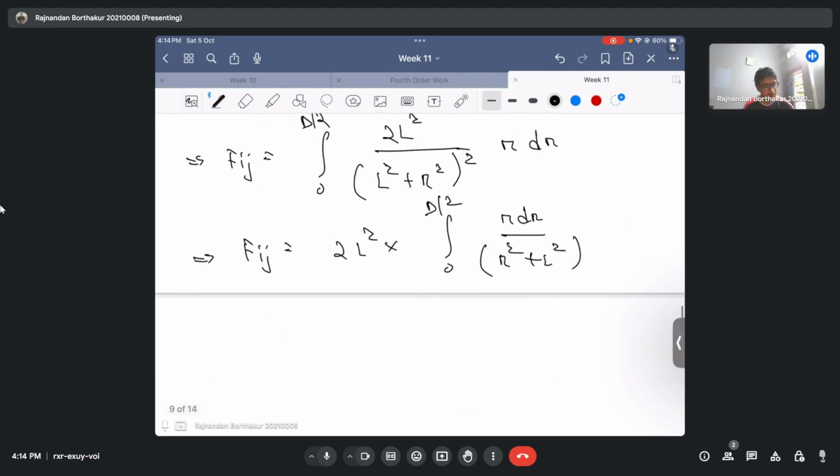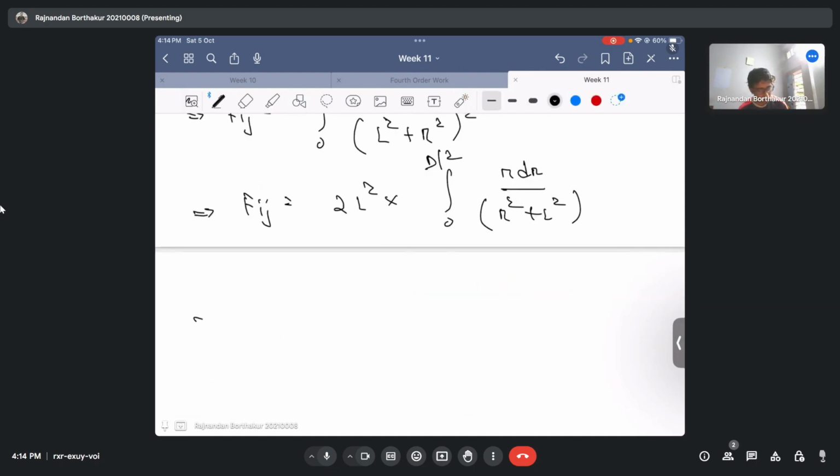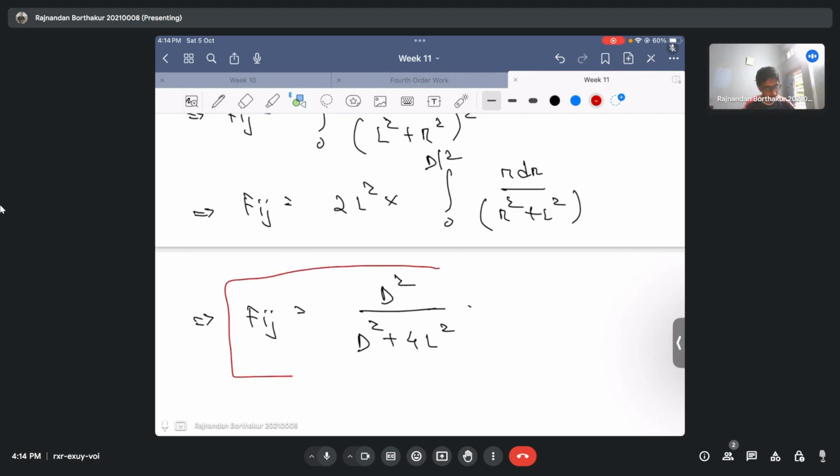And if you perform this integration, we'll not do it now for the sake of time, you'll get your result as Fij equals d square by (d square plus 4L square), to be precise. Okay, that's it. That is your Fij in this question that they are asking you to evaluate.